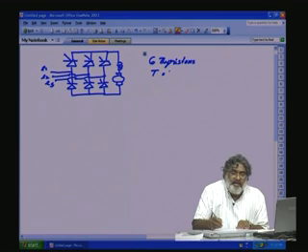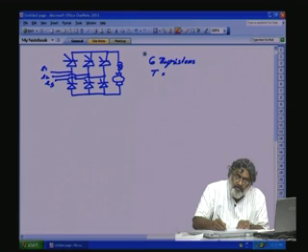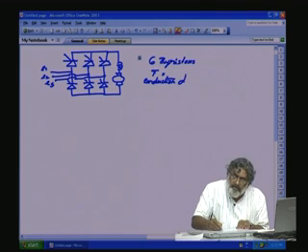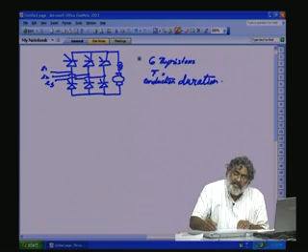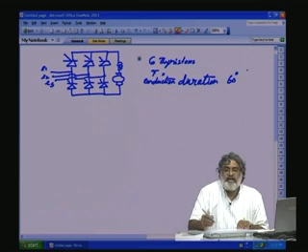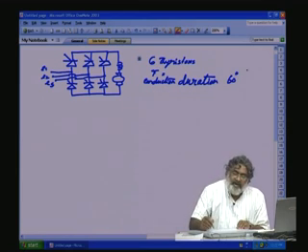So for symmetric operation, the conduction duration for each thyristor will be 360 divided by 6. How much will it come? It will be equal to 60 degree. Each thyristor will be conducting only 60 degree duration in a 360 period interval.